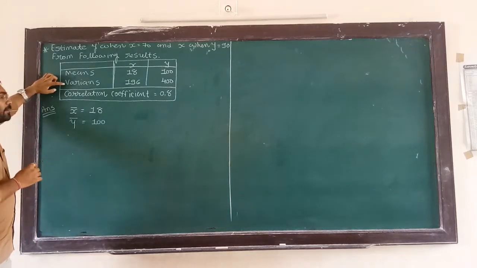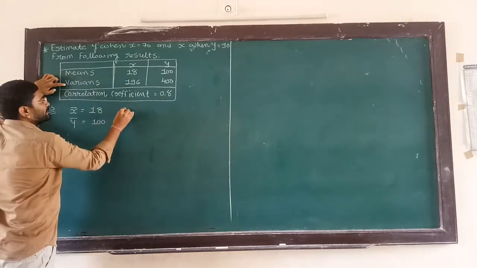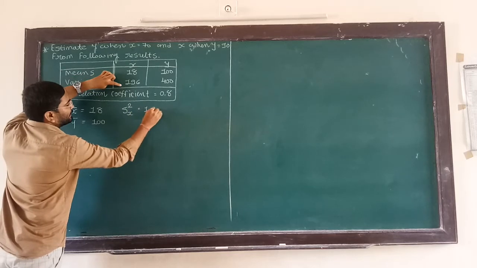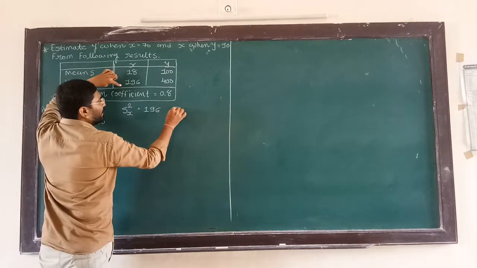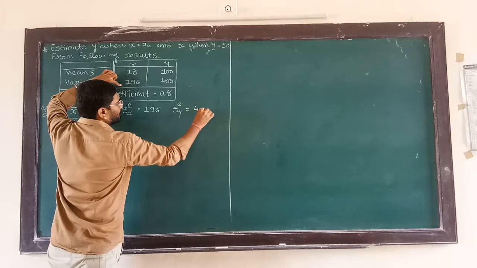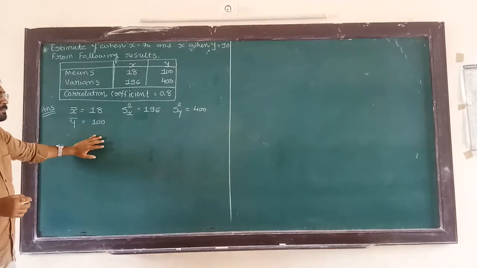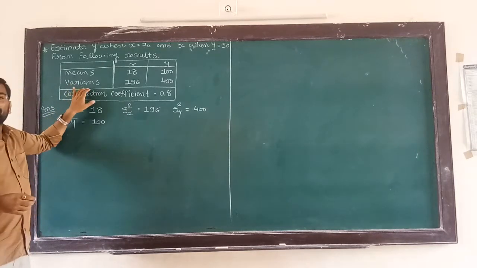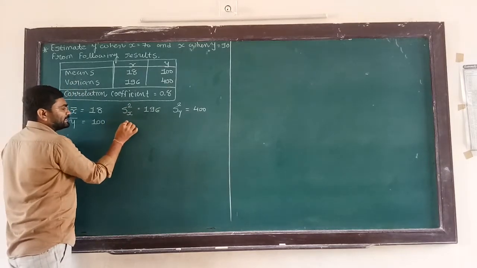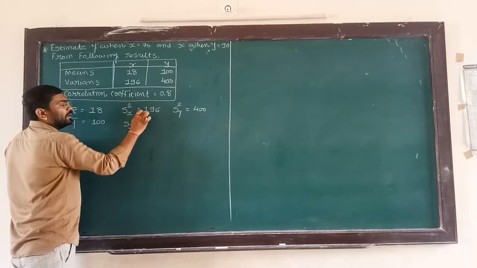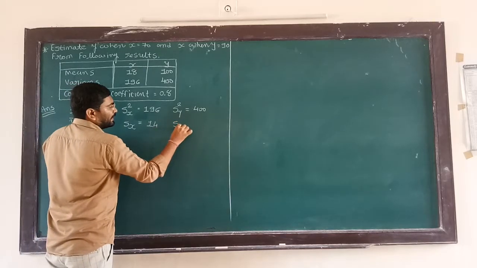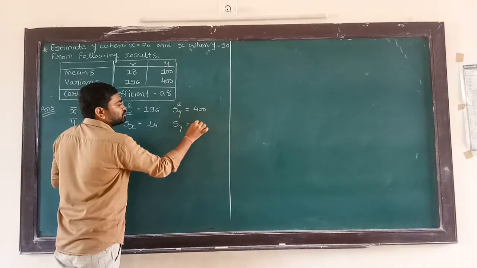See, students, here the variance is given. Variance means sx square is 196 and sy square is 400. But in this sum we do not need the variance, we need the standard deviations, meaning the root of this. sx is root of 196, which is 14, and sy is root of 400, which is 20.